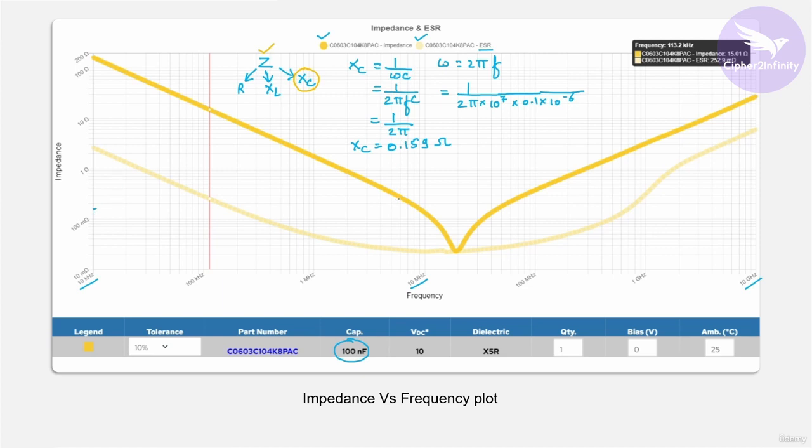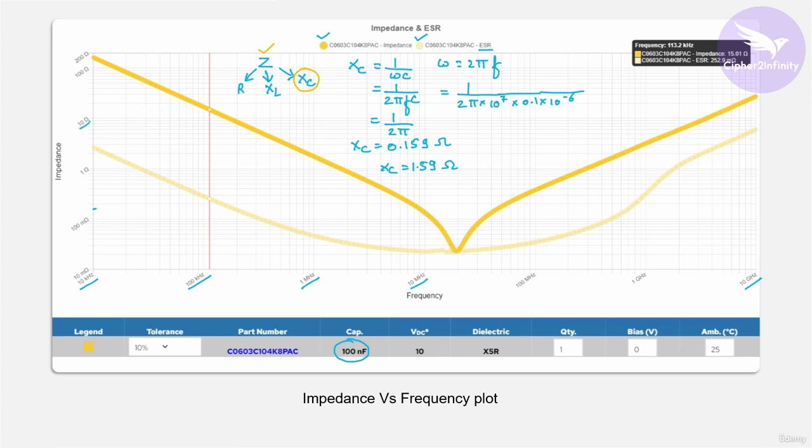And if you calculate the capacitive reactance for this particular frequency, which is 1 megahertz, then you're going to get around Xc equal to 1.59 ohms. So it's somewhere around that, 1.59 ohms. In the same way, for 100 kilohertz, you are going to get 15.9 ohms.